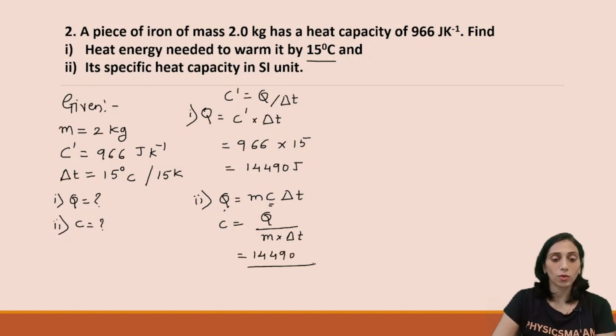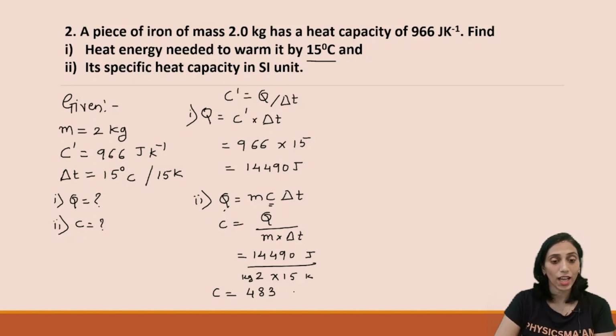14490 divided by mass is how much? 2 into 15, right? So I get the value of C as 483. When you solve this, you will get the answer as 483, and let us see what should be the unit. This is in joule, this is in kg, and this is in Kelvin.